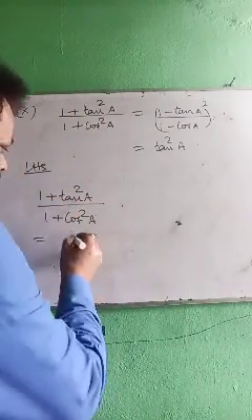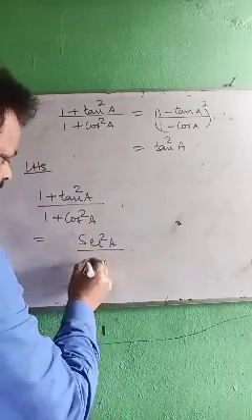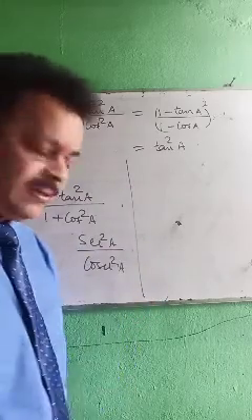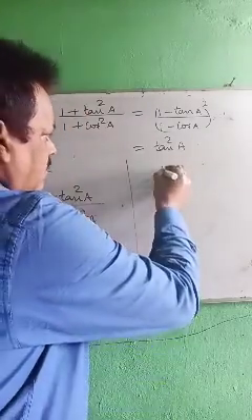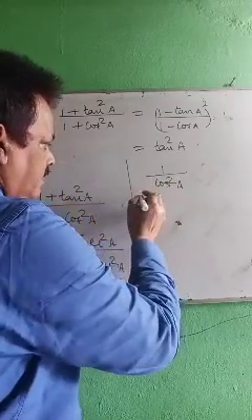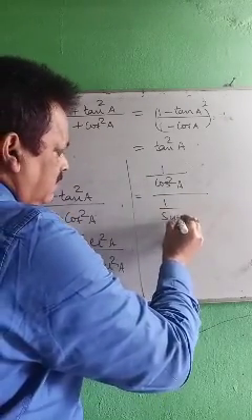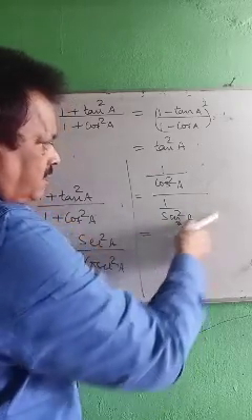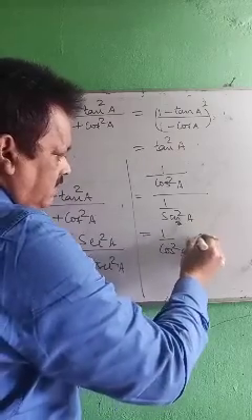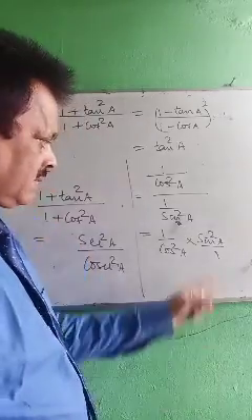This is a formula: sec square A. What is 1 plus cot square A? Cosec square A. But what is sec square A? 1 by cos square A. What is cosec square A? 1 by sin square A. Now reciprocal multiply: 1 by cos square A times sin square A by 1.